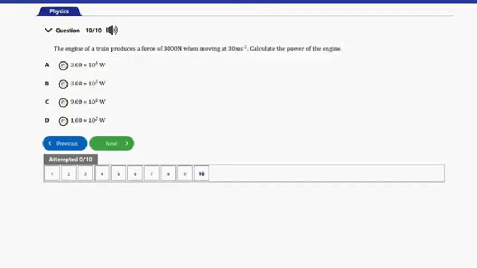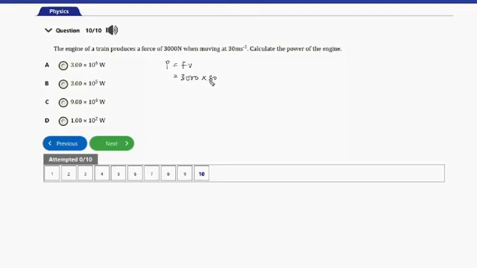So the last question here, question number 10 says, the engine of a train produces a force of 3000 Newton when moving at 30 meters per second. Calculate the power of the engine. So guys, let's recall that power is equal to force times velocity. So in this case, the power here is going to be the force 3000 Newton times the velocity 30 meters per second.